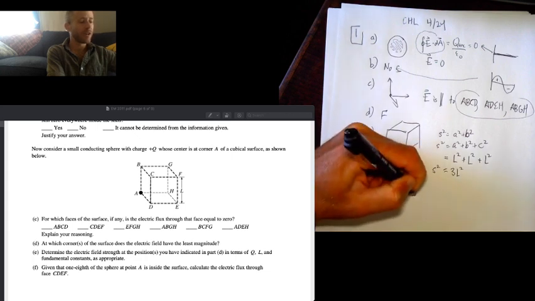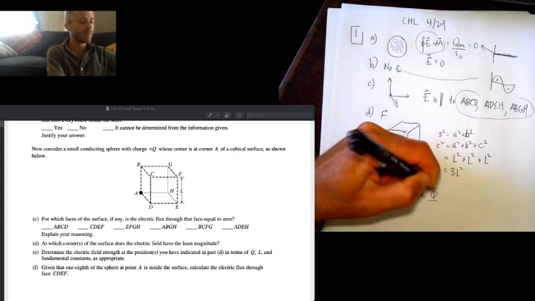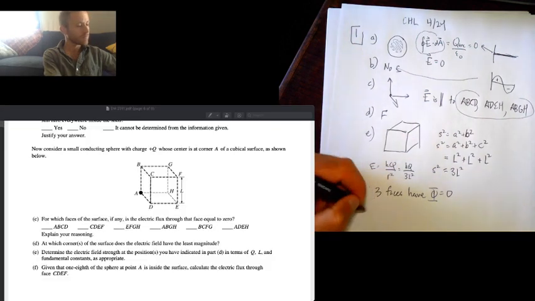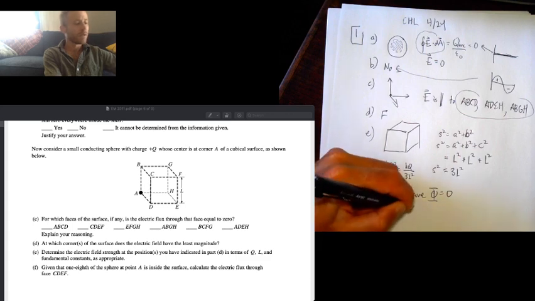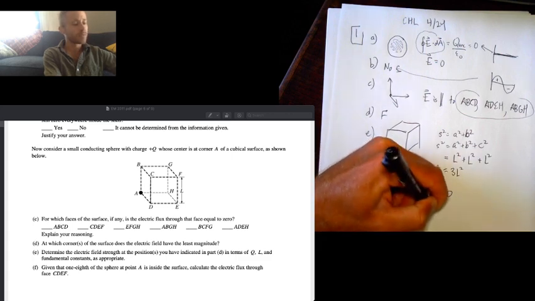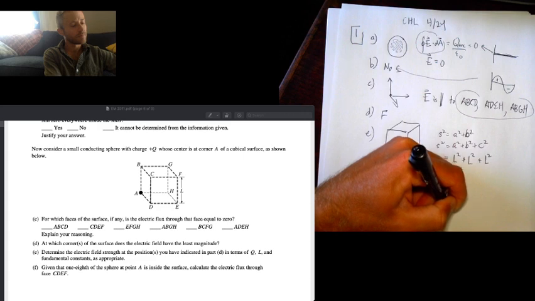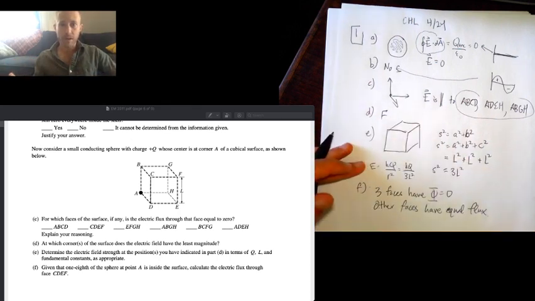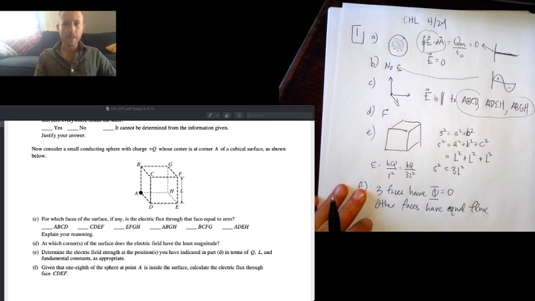Three faces have a flux equals 0. The other faces have equal flux, because of symmetry, so there's no intrinsic reason why one should have a different flux from the other.